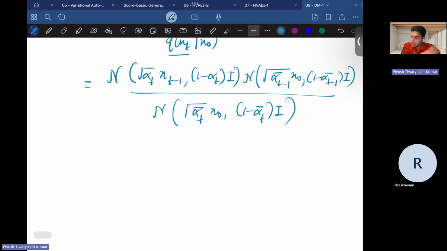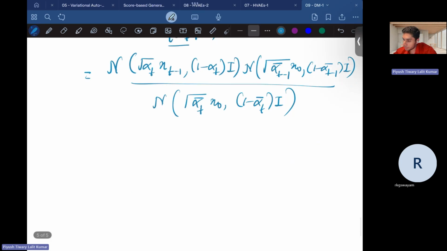So instead of writing down the normalization term, the 1 by 2 pi sigma thing that comes in the denominator, we'll ignore that. Whenever you're working with a Gaussian, just worry about the terms inside the exponential.